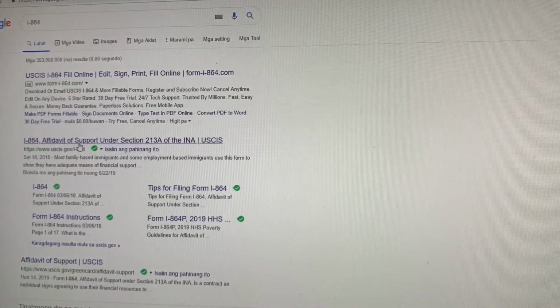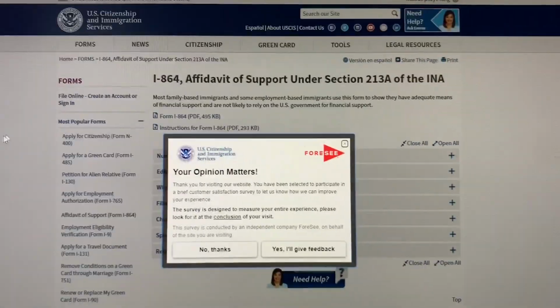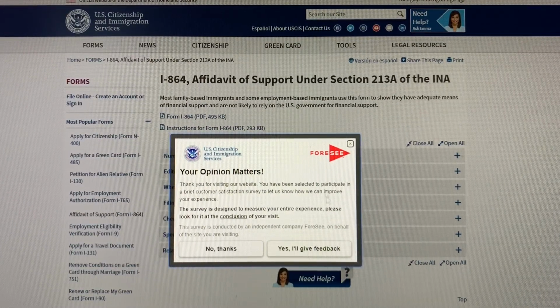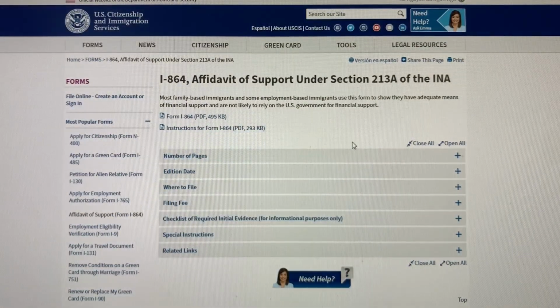Then you'll be directed to the website. Close this one, and then click this one, Form I-864.